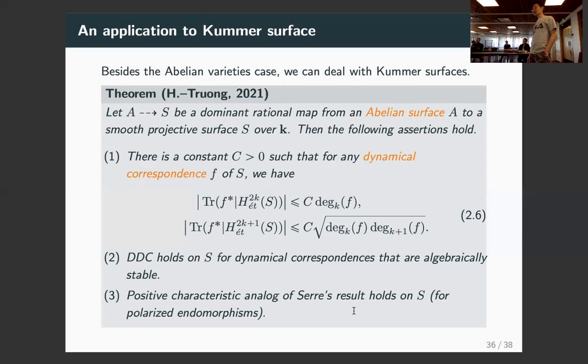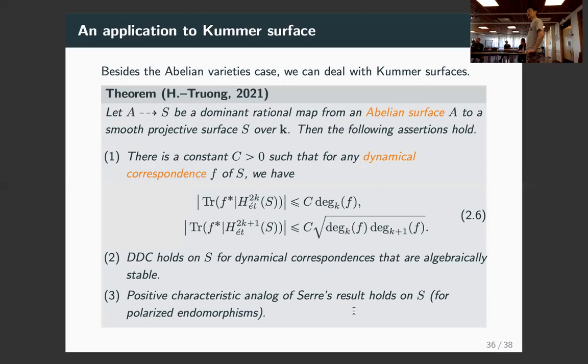And the last one: Serre's result is for singular cohomology of K-surfaces, and here k is always an algebraically closed field of arbitrary characteristic.